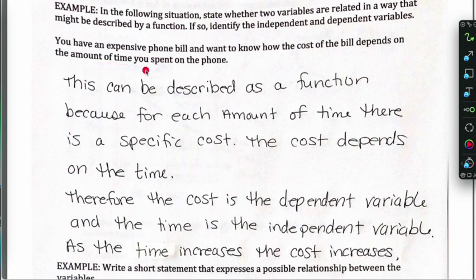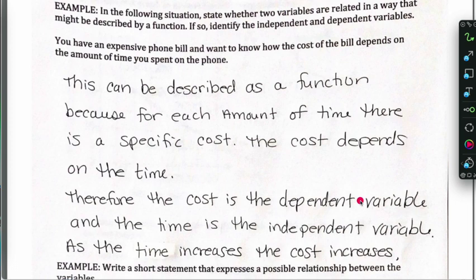This can be described as a function because for each amount of time, so 10 minutes, 20 minutes, 15 minutes, you have a value of y, a specific cost, okay? And the cost depends on the time. So therefore, the cost is the dependent variable because the cost depends on the time, and the time is the independent variable.